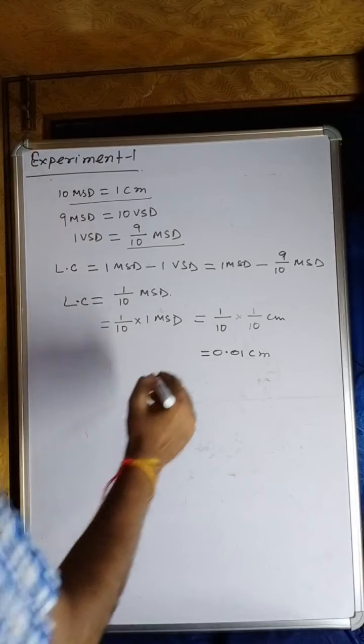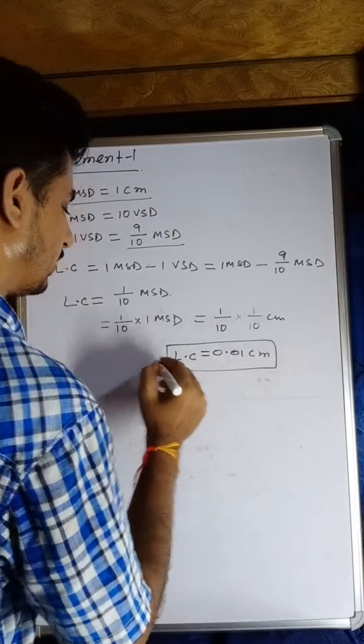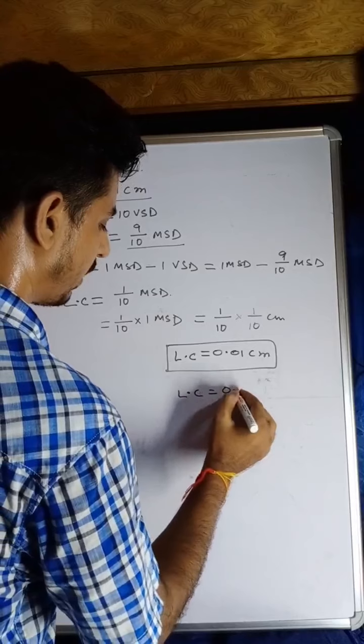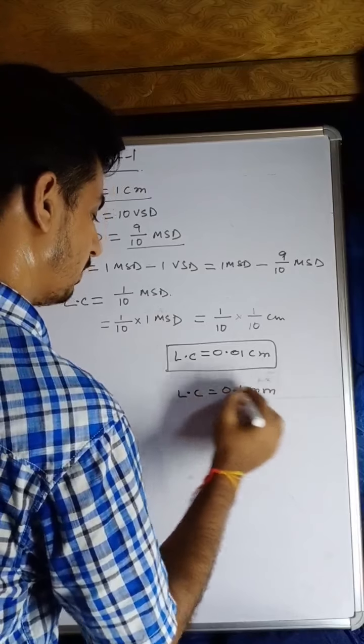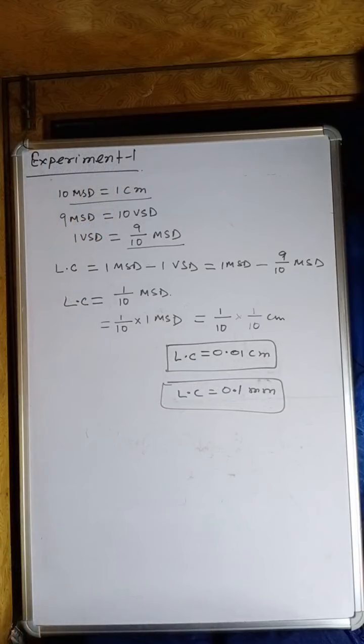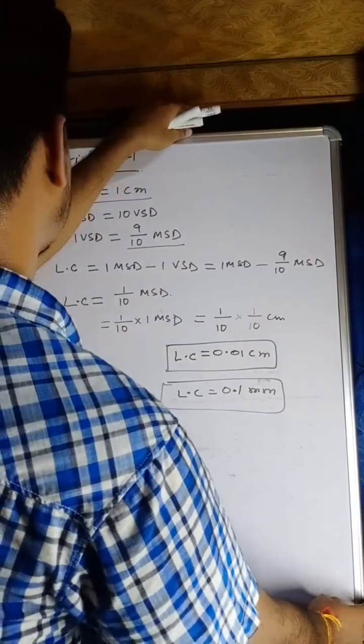You can write this least count in millimeter also. This is in centimeter, and in millimeter it will be 0.1 millimeter. Okay, so this is your least count, the minimum measurement that can be done by this instrument.